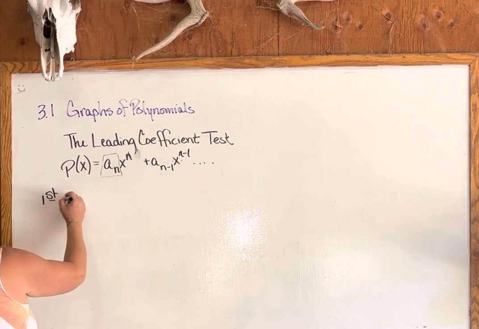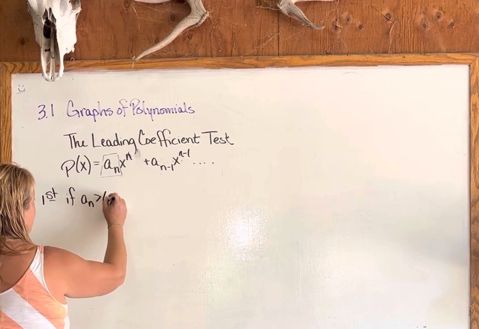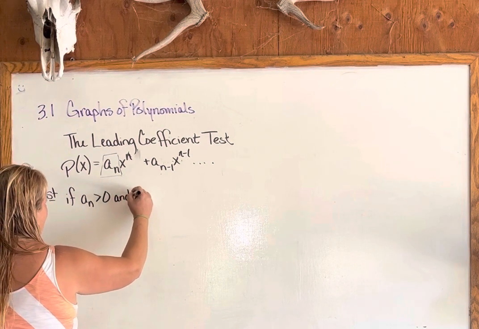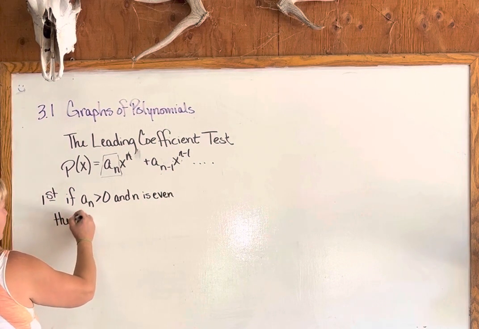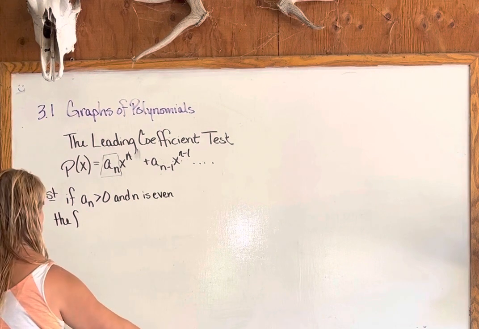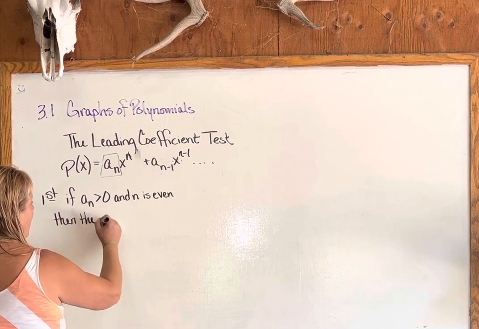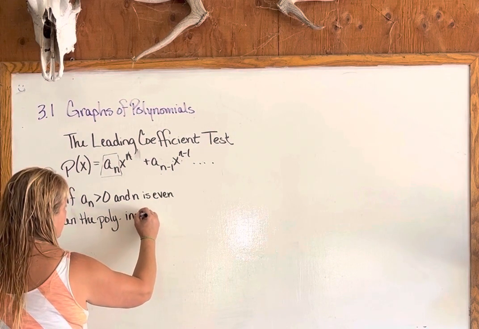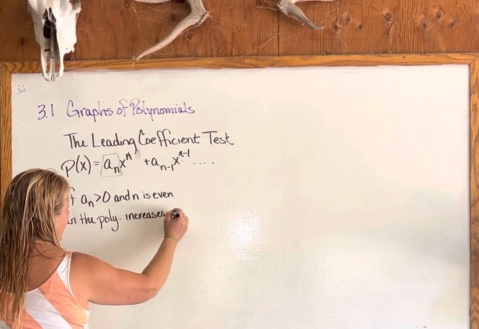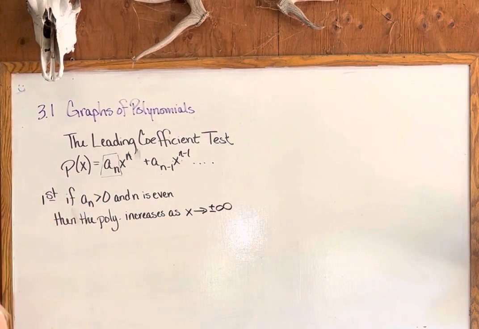So first, if a sub n is greater than 0 and n is even, then the polynomial, which we'll abbreviate as poly, increases as x approaches plus or minus infinity. Now, like I said, it looks all ugly worded there, and we'll talk about that.